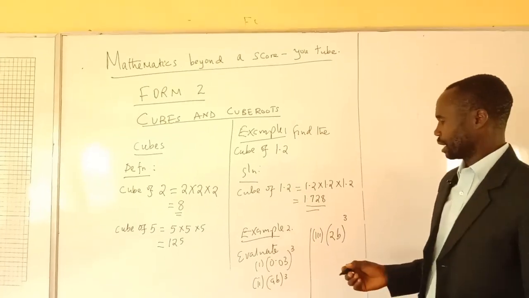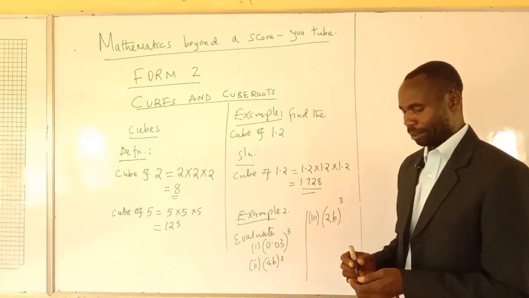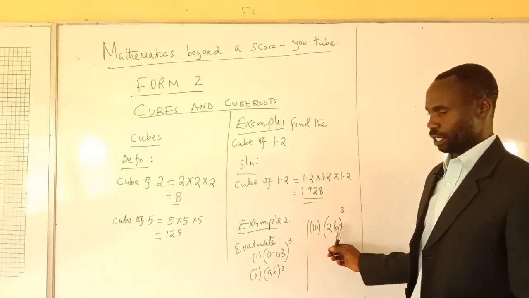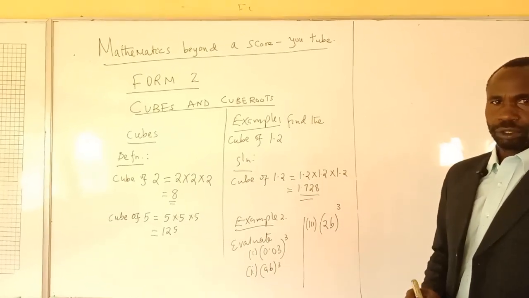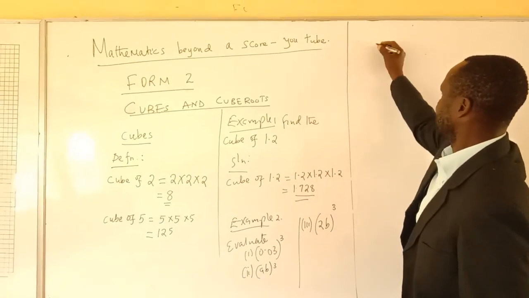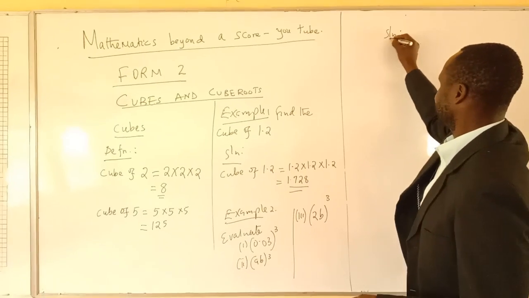So when you are asked to work out these problems, they are very easy. This one means that you are cubing. The solution here is very, very easy.